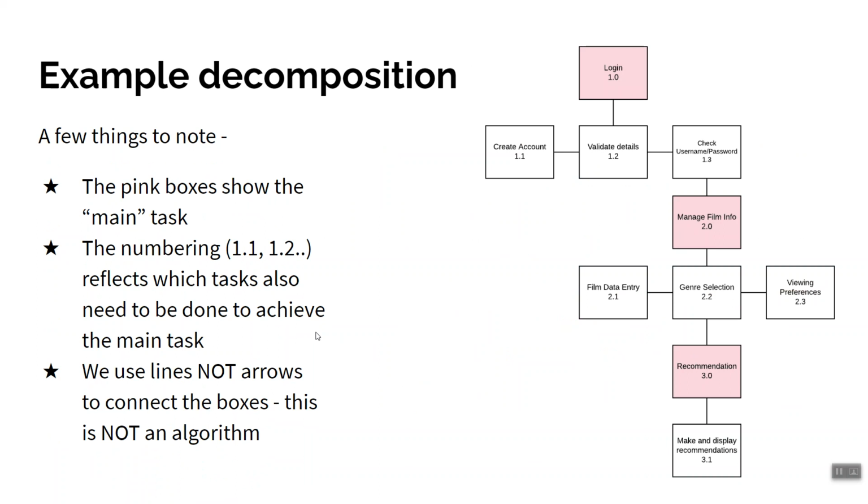Okay, so the pink boxes show the main task. The numbering reflects which tasks have to be done for the main tasks, and remember we use lines, not arrows. This is not an algorithm, it's not a series of steps. If your decomposition starts to have different phases of how that problem is going to be solved, you're doing it wrong.